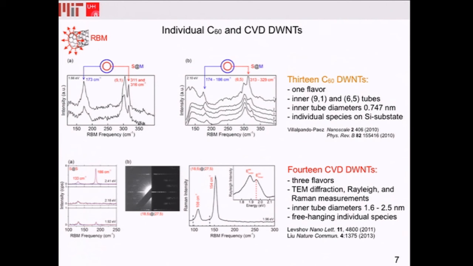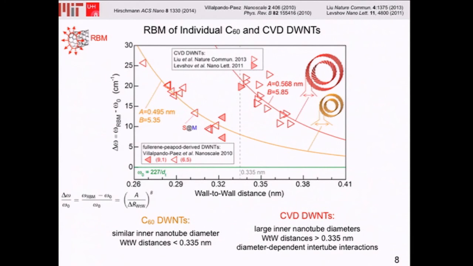When we focus on the radial breathing mode frequencies in comparison to the wall-to-wall distance, in this plot you see the wall-to-wall distance versus the frequency upshift in relation to 227 over the diameter, and you clearly see that there are differences between the PPP-derived tubes and the CVD double-walled carbon nanotubes.